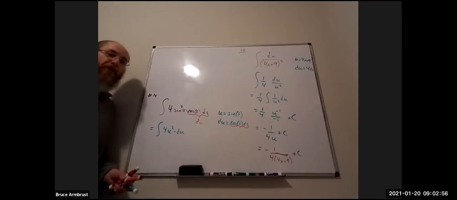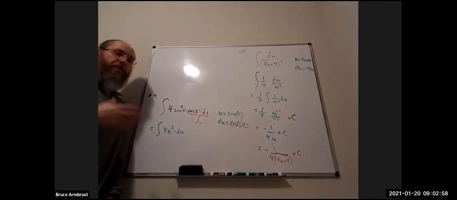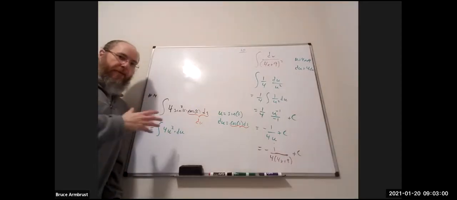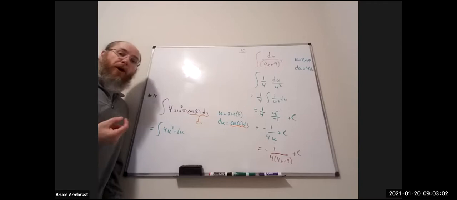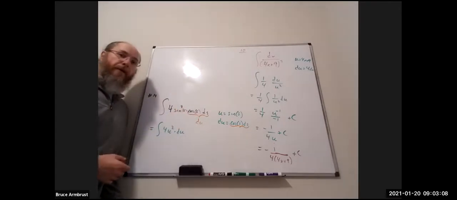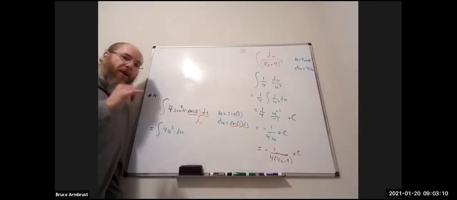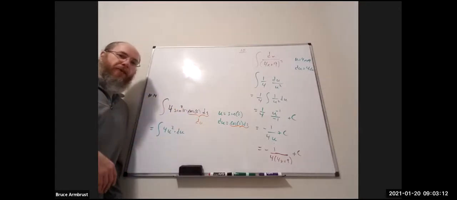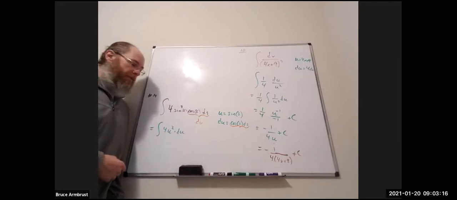So it's especially nice if when you look at this integral, you've got just one of those trig functions times the dx, or in this case, the ds. Because then that's going to get lumped into your du if you let the other function be u.